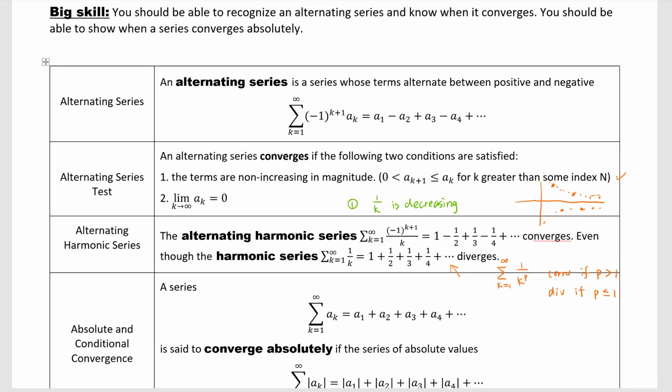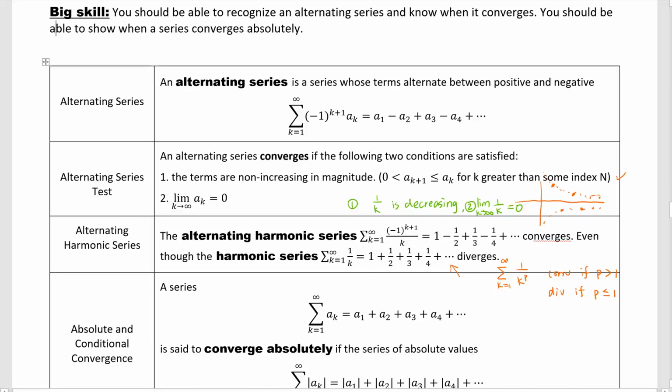And second, the limit as k goes to infinity of 1 over k is 0. So it satisfies the two conditions of the alternating series test. So by the alternating series test, the alternating harmonic series converges. This is an example where the harmonic series diverges, but the alternating harmonic series converges.